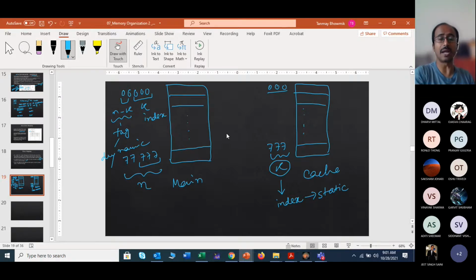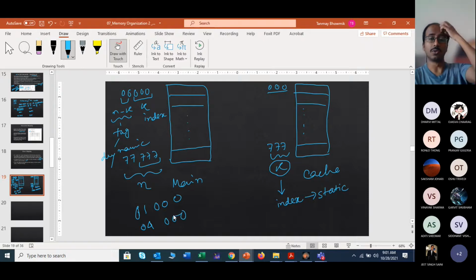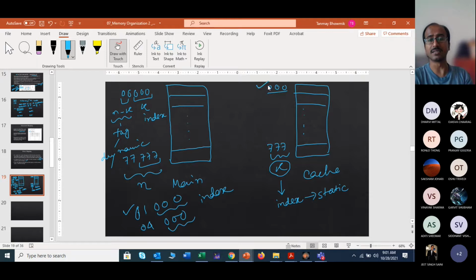Now, if you have a location like 01, 000, and another location like 04, 000, you can see the index part is the same in both cases. So you cannot decide whether you will keep this data in this place or in that place.